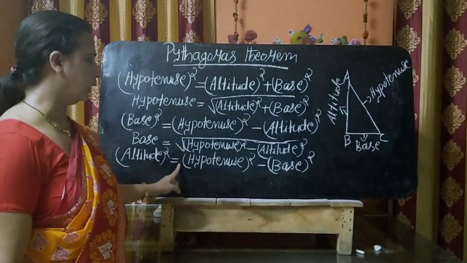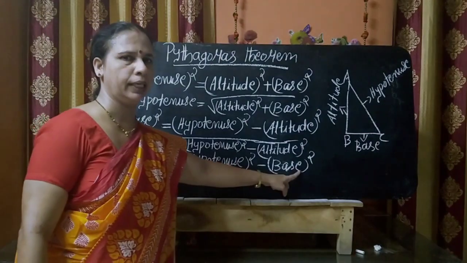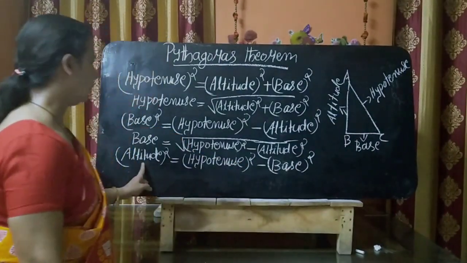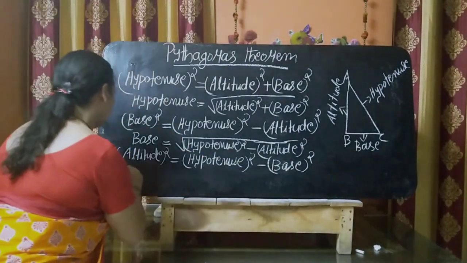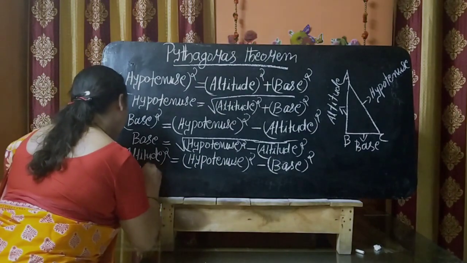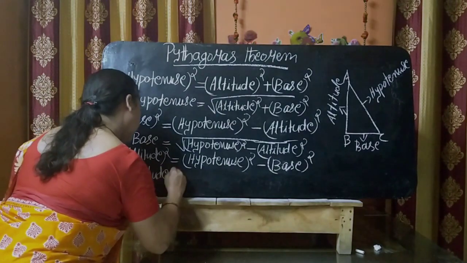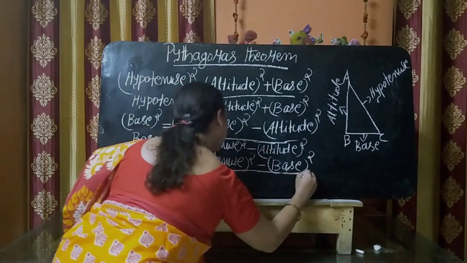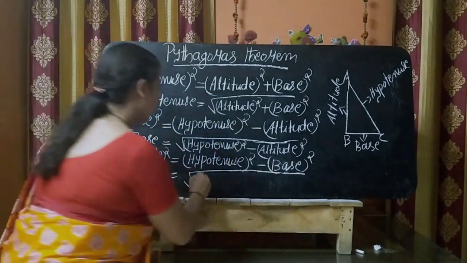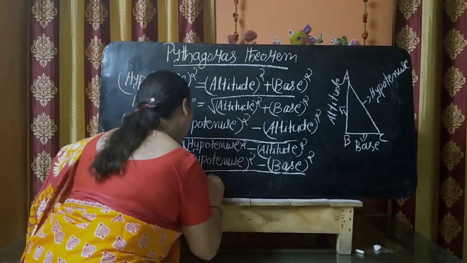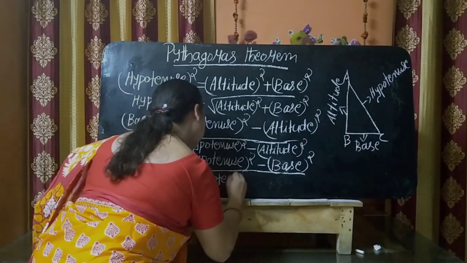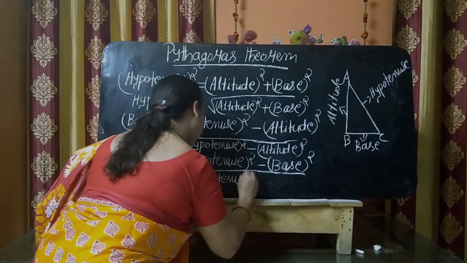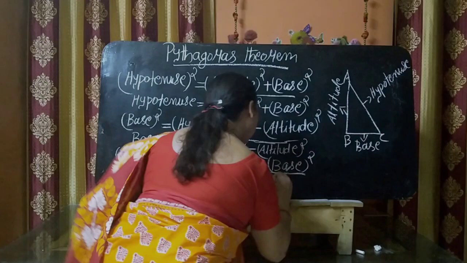Altitude square equals hypotenuse square minus base square. Next we have to find out altitude. Altitude equals, what is altitude? Square root of hypotenuse square minus base square.